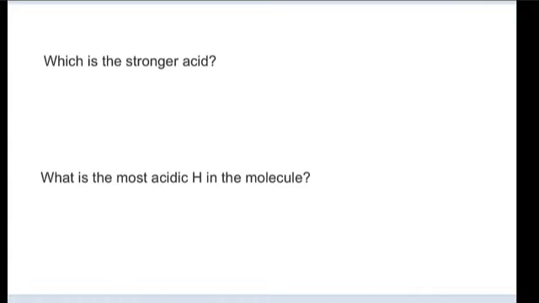Okay, so another type of problem that you might be given is I would give a couple of structures and ask you which of these two molecules would be a stronger acid. Okay. And so in one case we've got a carbonyl compound, carbon-oxygen double bond. In the other case we've got a carbon-carbon double bond.